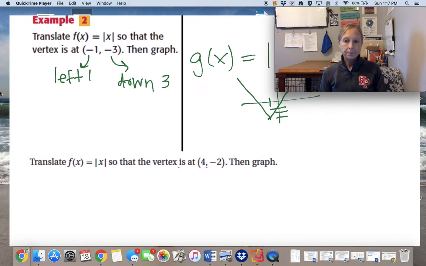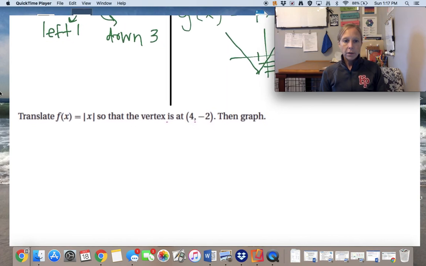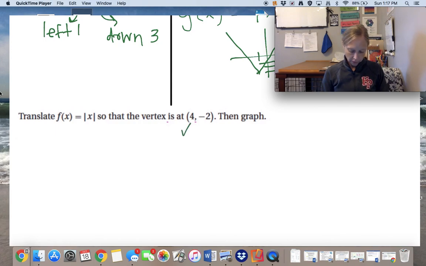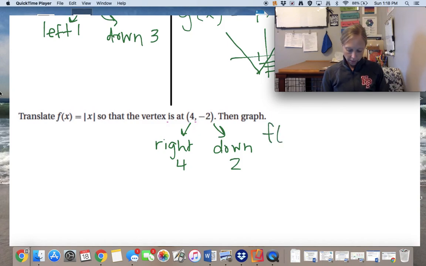One more. We're going to translate our parent function this time so that the vertex is at 4, -2. So that means right 4, down 2. That's what we should expect to see when we're done. Let's write out our format.